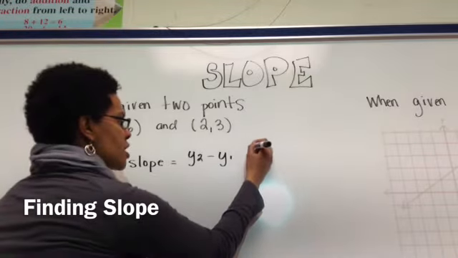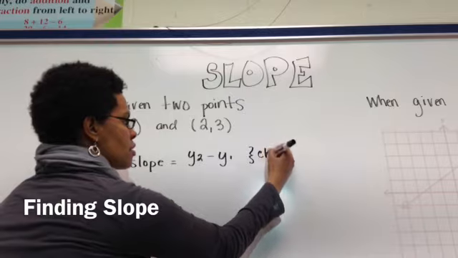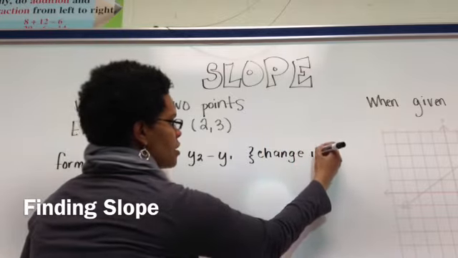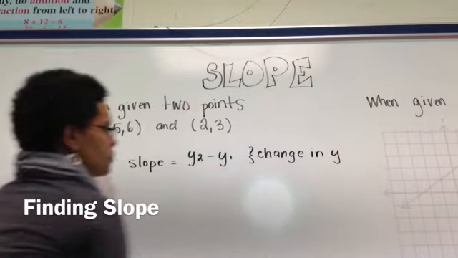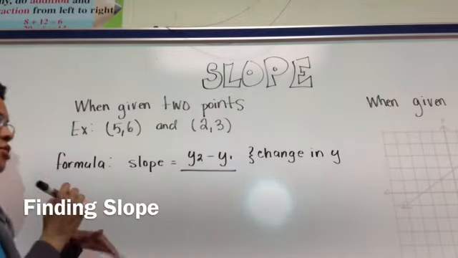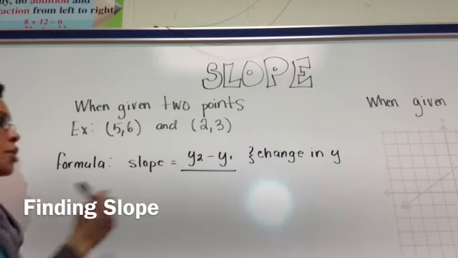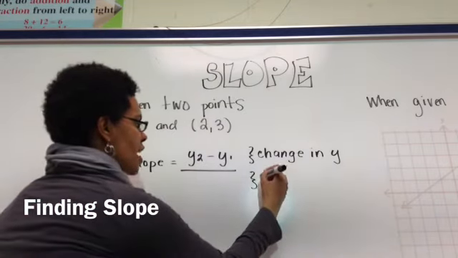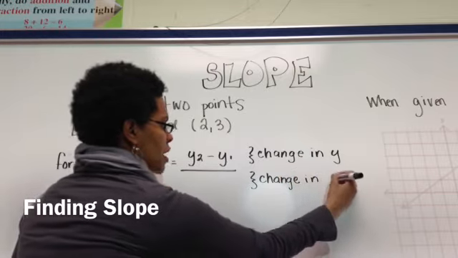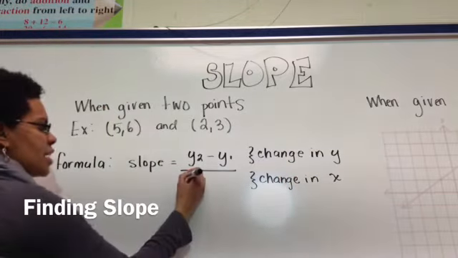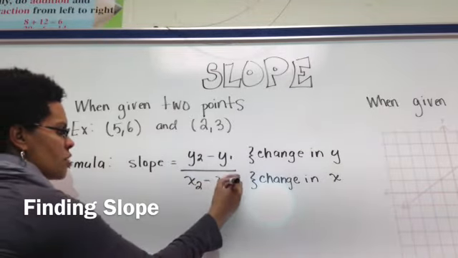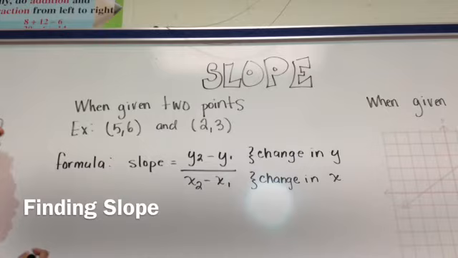And really it's just describing the change in y. How did y change? And that is going to come over, this is a ratio, over the change in x. And the change in x is found by taking that second x value and subtracting that first x value from it.